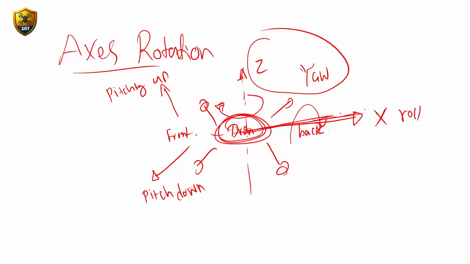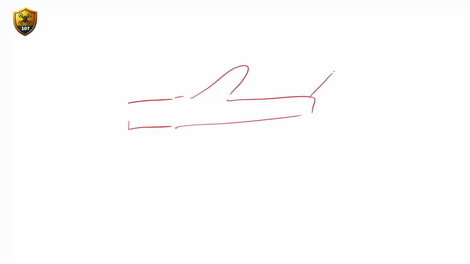And if this is the Y axis, then rotation around the Y axis is called the pitch, right? It might be very easy for you to understand this if we consider the example of an aircraft.